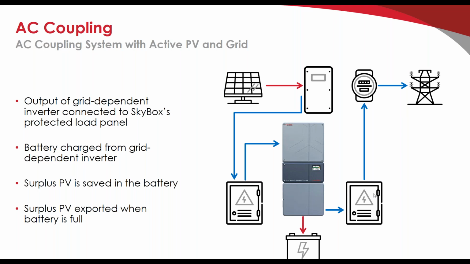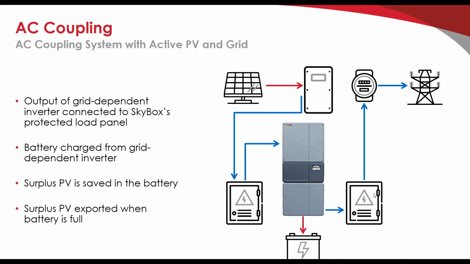Stephen asks, what will limit the power to 7.6 kW? The 7.6 kW power limit on SkyBox is achieved by connecting in the inverter and then configuring that grid-dependent inverter to comply with California Rule 21 or HECO 1, HECO 2, the 14H requirements.